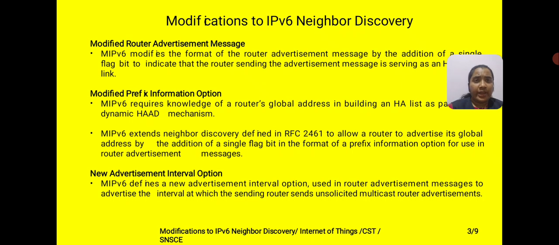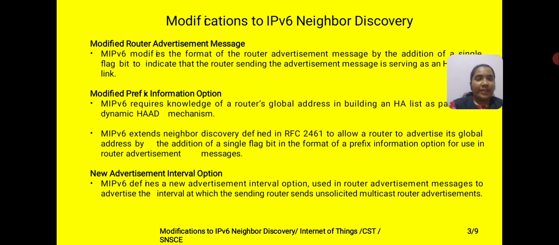In the modified router advertisement message, MIPv6 modifies the format of the router advertisement message with the addition of a single flag byte to indicate that the router sending the advertisement message is serving as an HA on the link.